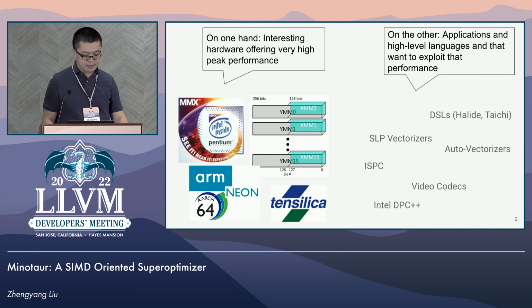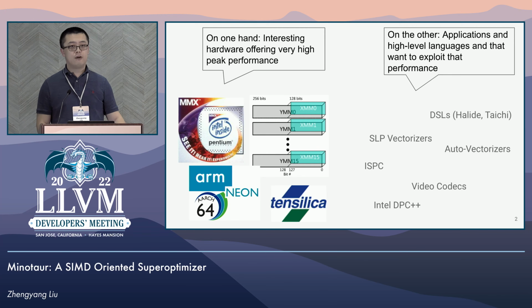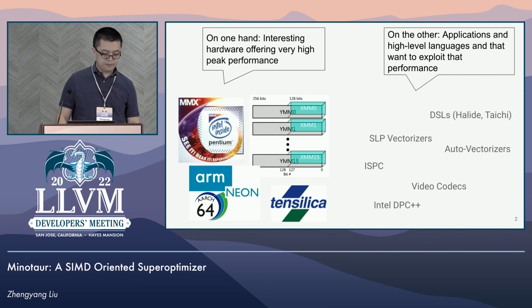From the hardware perspective, today vector processors can be found everywhere, from high-performance computing clusters to mobile devices, and they deliver very high peak performance. And from the software perspective, developers have taken a lot of effort creating frameworks, software, and compiler support to take advantage of those new hardware instructions.